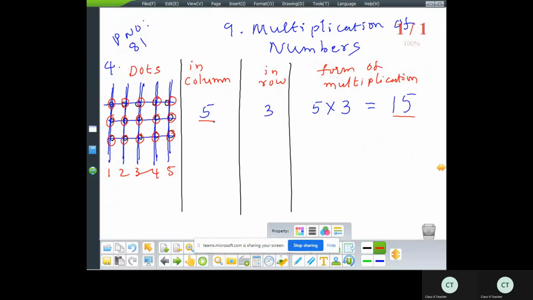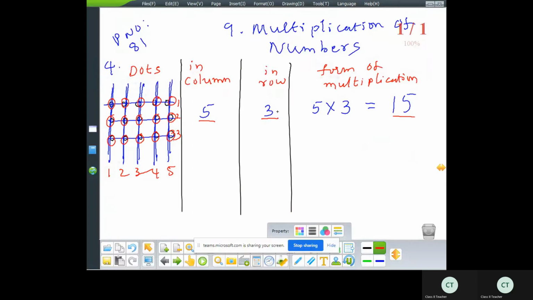Now rows. 1, 2, 3. 3 rows are there. Form of multiplication is 5 into 3. 5 is multiplied by 3. 5 threes are 15. After multiplication, you check your answer by counting dots, how many are given.